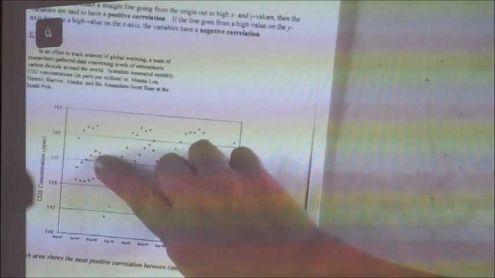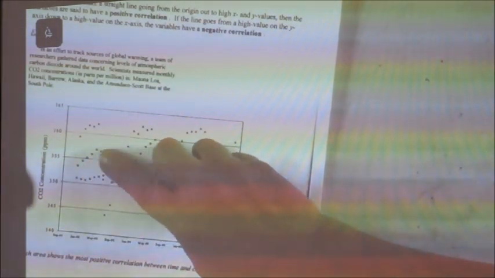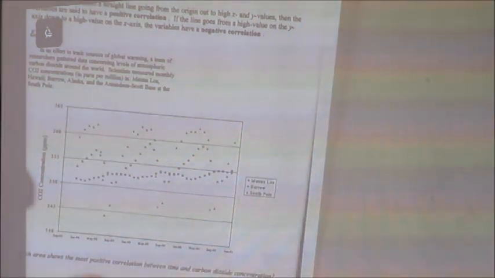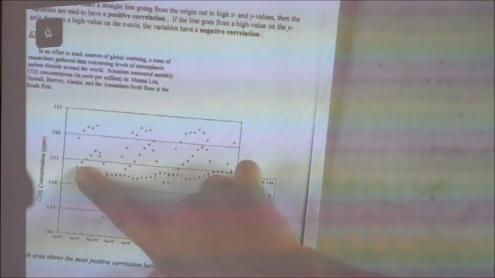And these data points were taken in Hawaii. So the concentration of carbon dioxide has gone up during these months of the year. Probably photosynthesis was not as effective. That's why concentration of carbon dioxide has gone up. But it says which area shows the most positive correlation between time and carbon dioxide concentration. And this is the area where you see the most positive correlation.